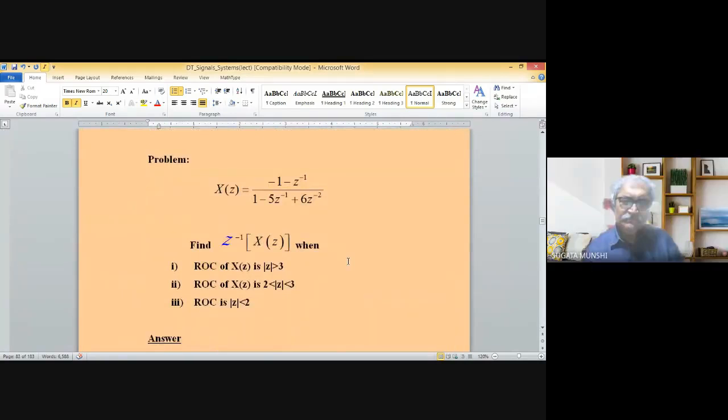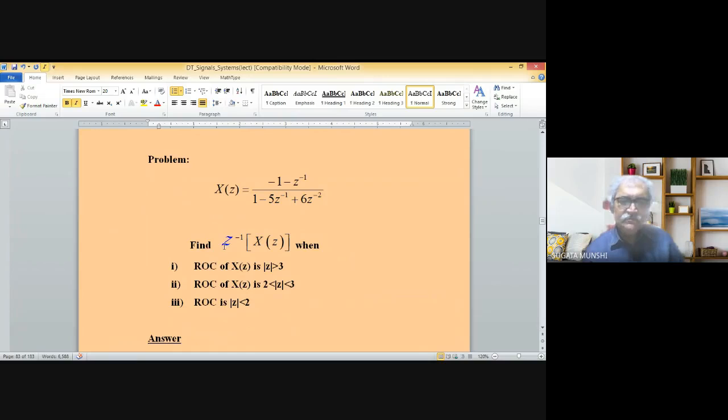Consider a problem. This is the given X(z). You have been asked to find out the inverse z transform for these three ROCs. Remember carefully that I could have given the problem in this way, just the expression for X(z), with no other thing mentioned.